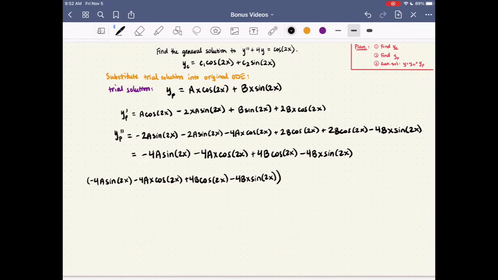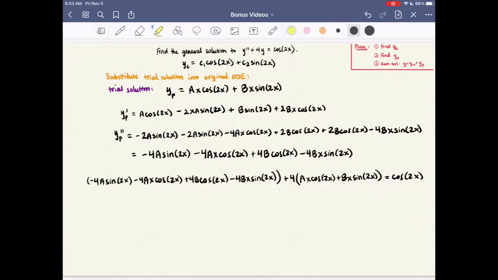Okay, plus 4 times y, which is ax cosine 2x plus bx sine 2x. All of that is equal to cosine 2x.